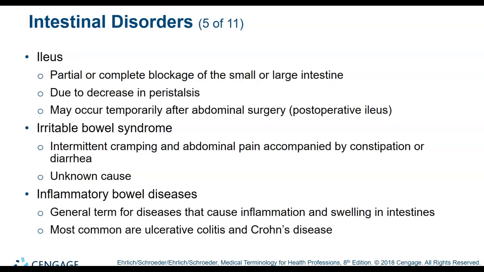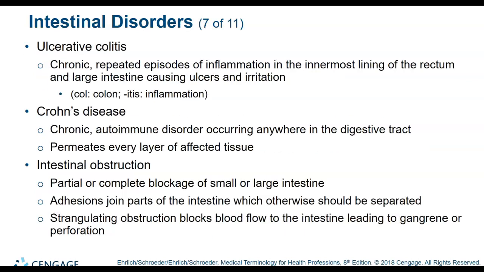These types of inflammatory bowel diseases include ulcerative colitis and Crohn's disease. Ulcerative colitis is truly just ulcers through the colon, and it causes a lot of pain and irritation for the patient. Crohn's disease is another autoimmune disease.